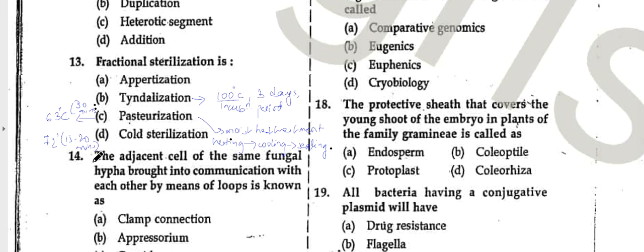The scientist who discovered tyndallization was John Tyndall, and the scientist who coined the term pasteurization was Louis Pasteur. Tyndallization is mainly used for sterilizing culture media and chemical solutions which can't be heated above 100 degrees centigrade. Tyndallization kills all the spores and vegetative cells, and a minimum of 3 days is required for the process.